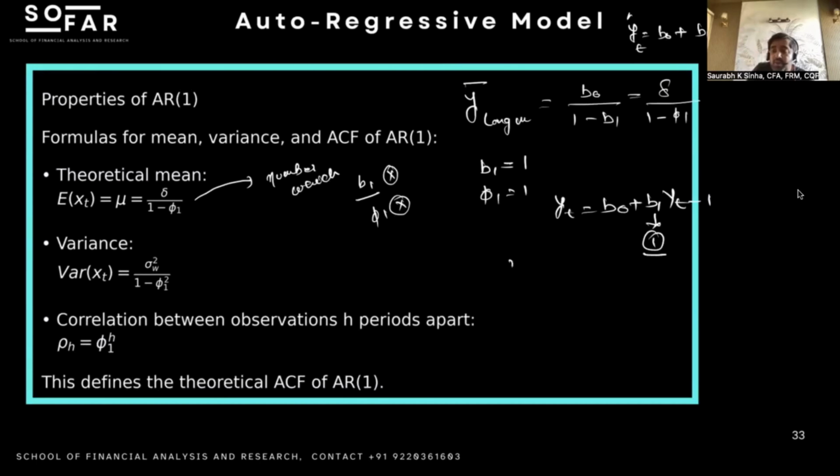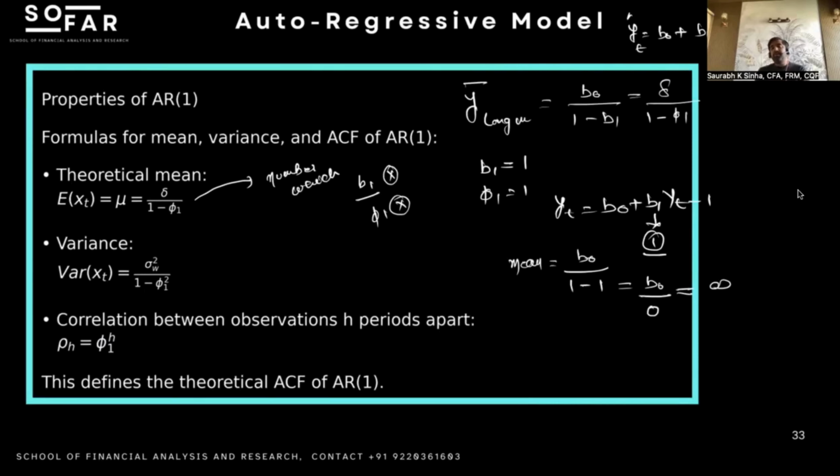If it is 1, your mean is going to be what? If I keep my b1 as 1, what will come? Beta naught upon 0 will become what? Infinity. If it is infinite, is your mean stable and finite?